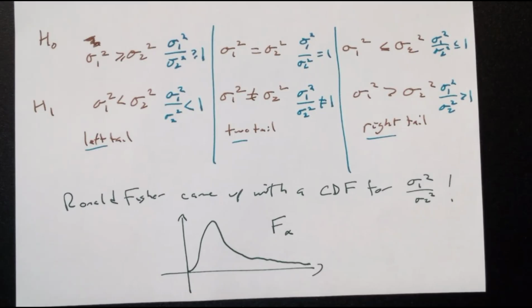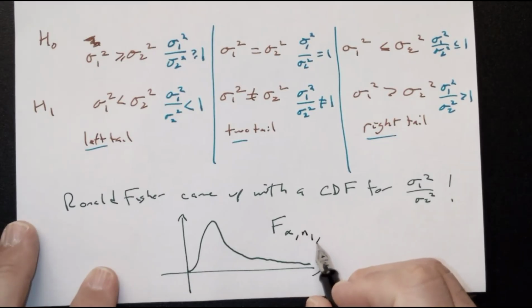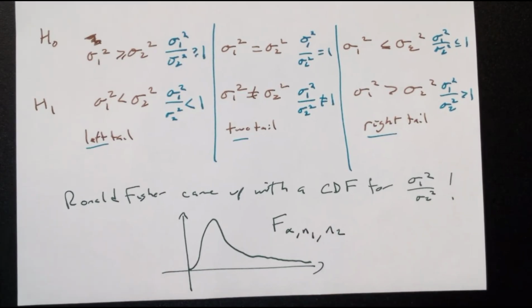Because Fisher actually noticed that this was even more complicated. It also depended on my two sample sizes. And that meant that we ended up with degrees of freedom again. Like we did with our means, we are going to have 2 different degrees of freedom.